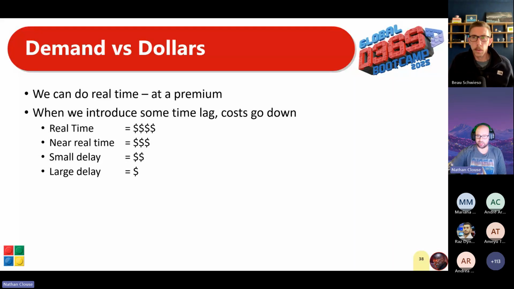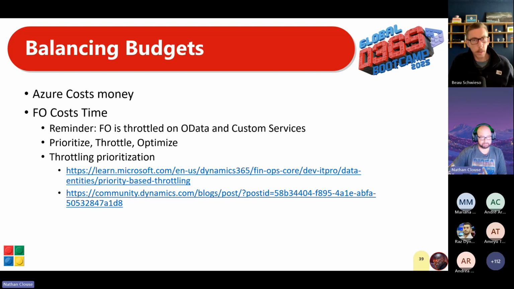So we always, in general, recommend decoupling architecture. And I've talked about this before, but Microsoft does have throttling specifically on OData and custom services, and that's priority-based throttling, and you can control some of that priority.